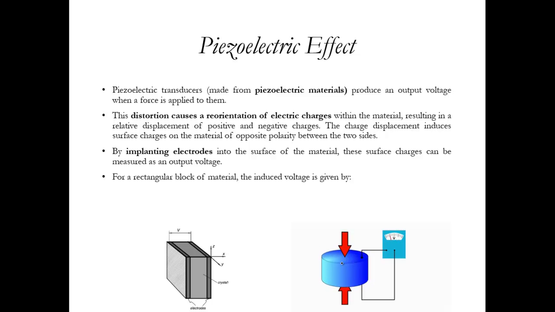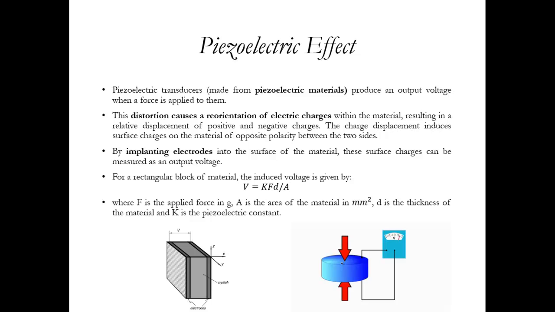Now, the induced voltage in a rectangular block can be given by V = K F D / A, where capital K is the piezoelectric constant, F is the applied force in grams, capital A is the area of the material in millimeter square, and D is the thickness of the material. So it is dependent on the geometry, which includes the thickness and the area, but it is also dependent on the force that we apply.